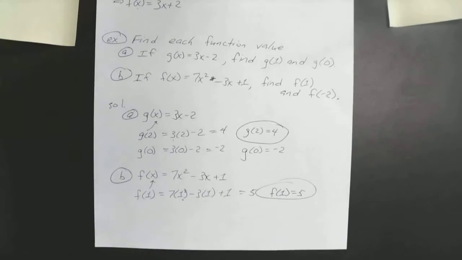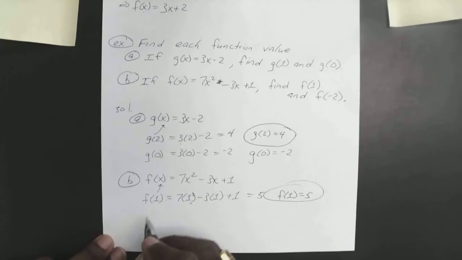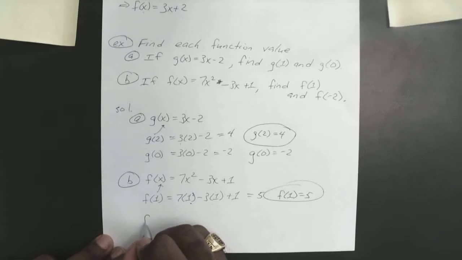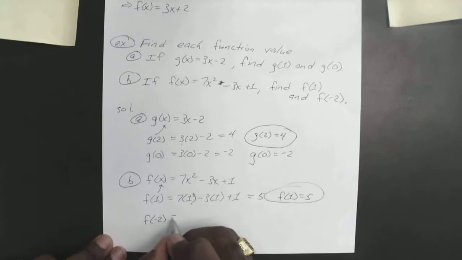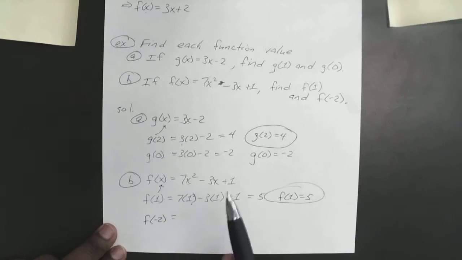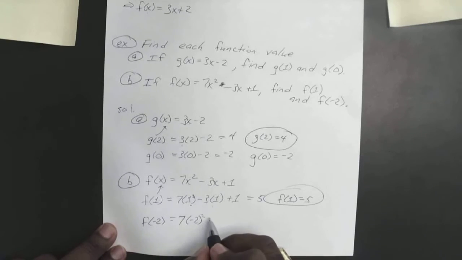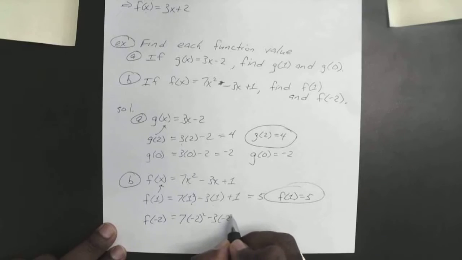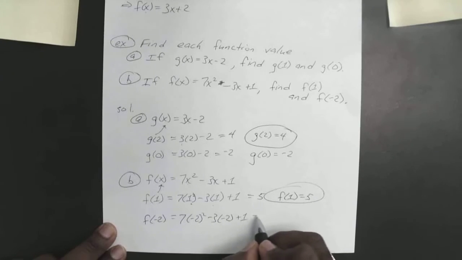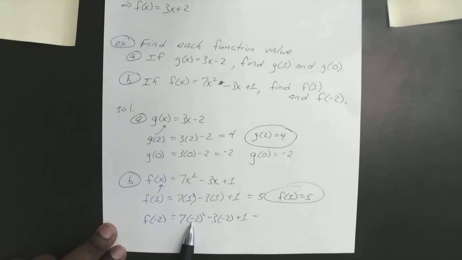Oops, move that up a little bit. Same thing for f of negative 2. Replace x with negative 2, so 7 times negative 2 squared minus 3 times negative 2 plus 1. Negative 2 times negative 2 is 4, times 7 is 28.